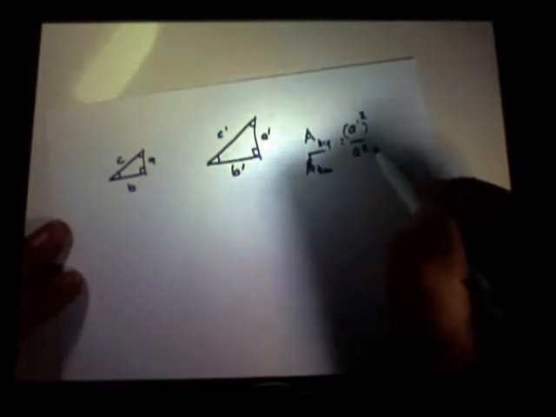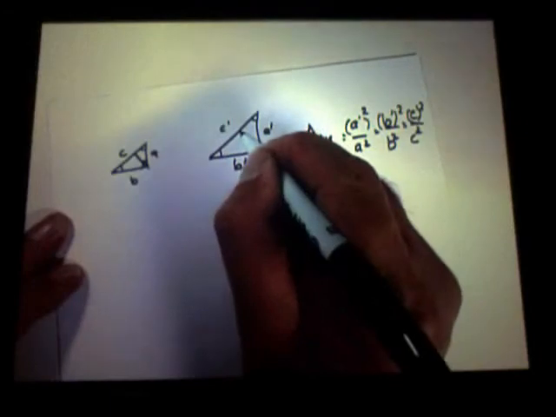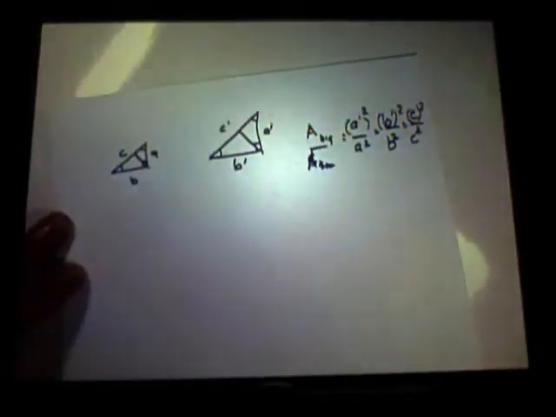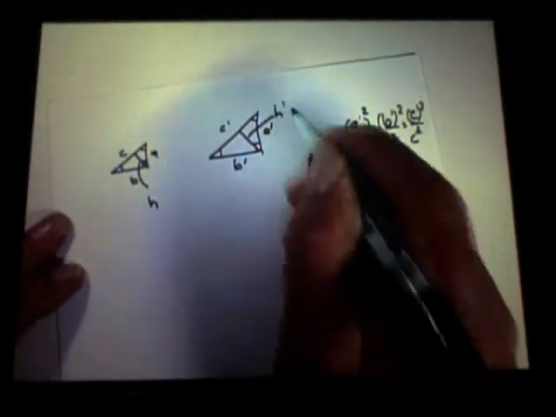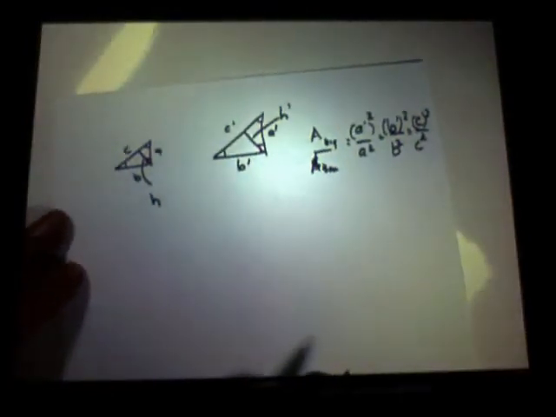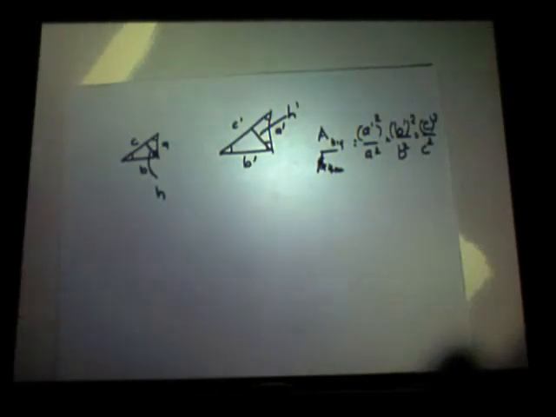A prime squared over A squared, B prime squared over B squared, C prime squared over C squared. What if we had this altitude drawn to the hypotenuse and call that H? This would be H, this would be H prime. Sure. Anyway.